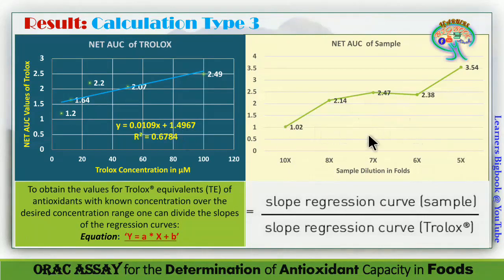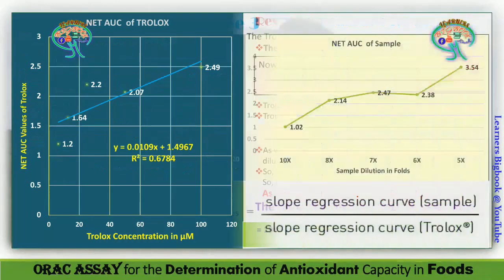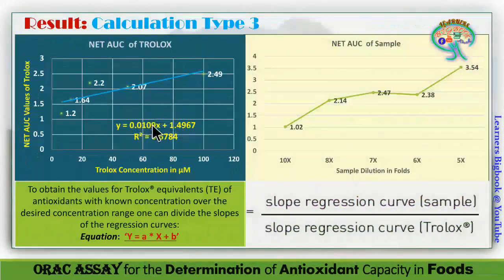Now here, what is the calculation? How can the calculation be done? If we had generated the linear regression equations on both sides, we would have considered the slope values, where the slope of the regression curve of the sample is at the numerator and that of Trolox at the denominator. So the slope regression value of Trolox is 0.0109 here, which will be taken at the bottom.